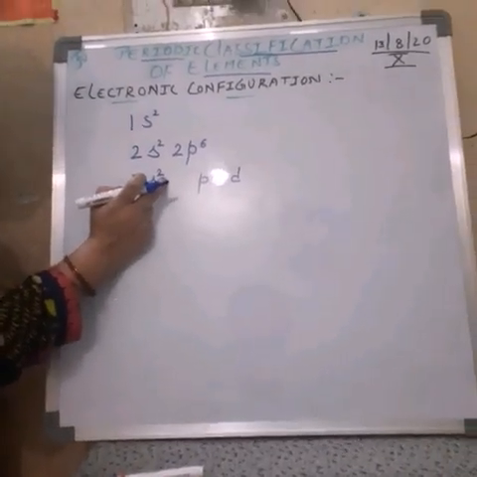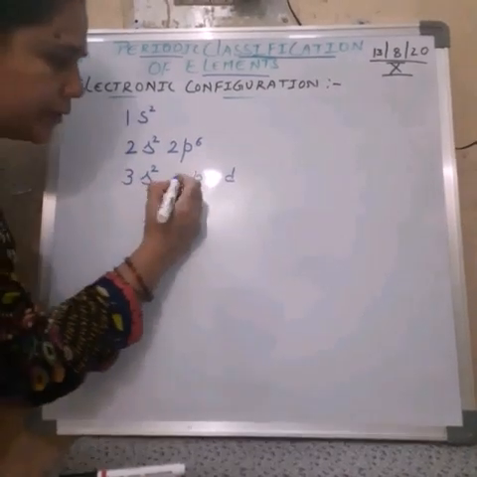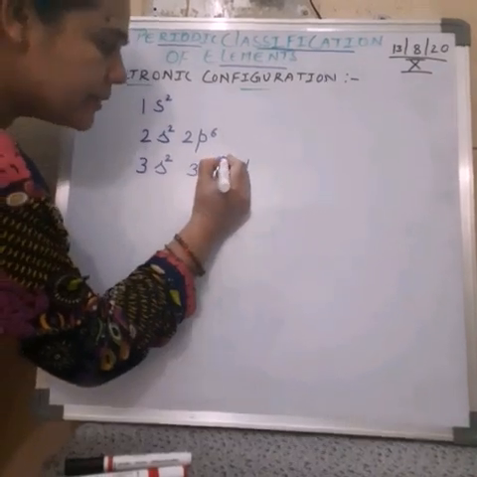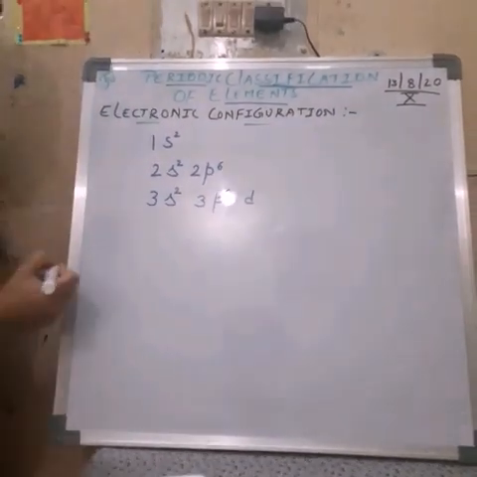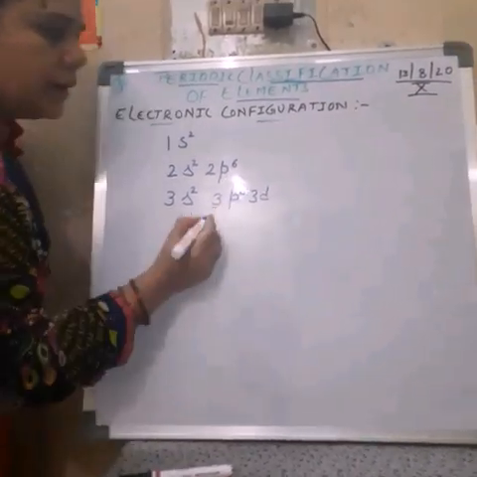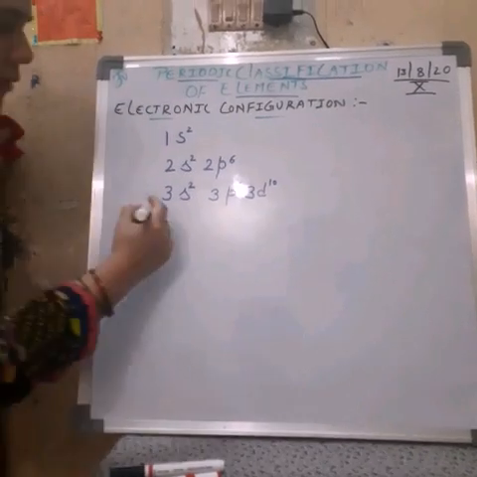After 2 electrons are filled, the next electrons will go into the 3p orbital, whose capacity is 6. After filling this, it will enter the D orbital, whose capacity is 10. Similarly, let us continue.